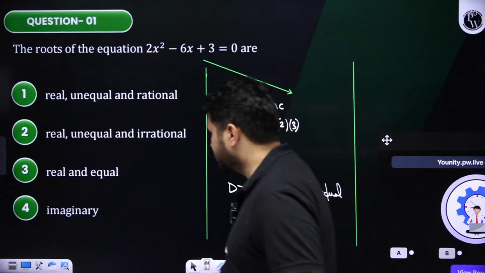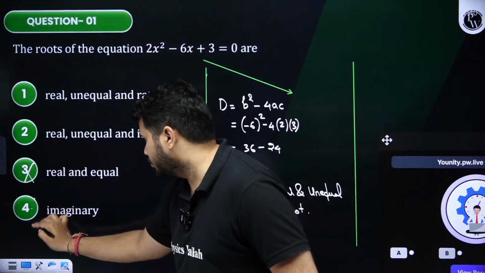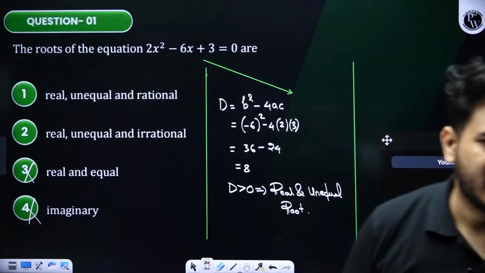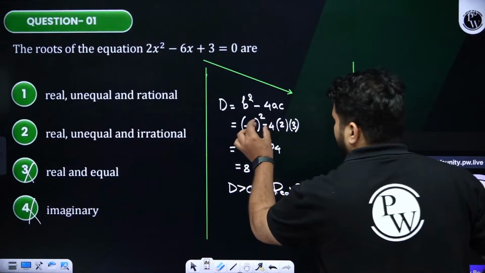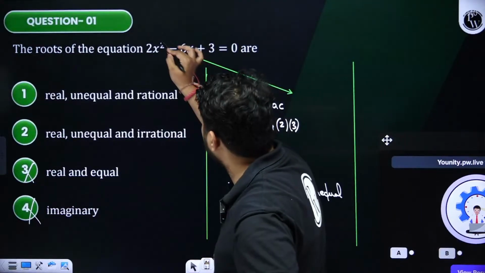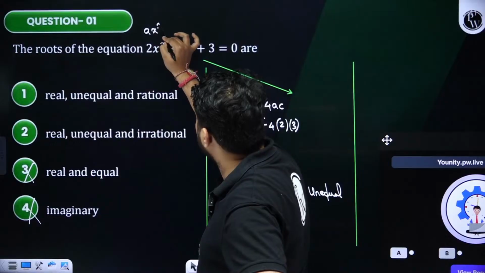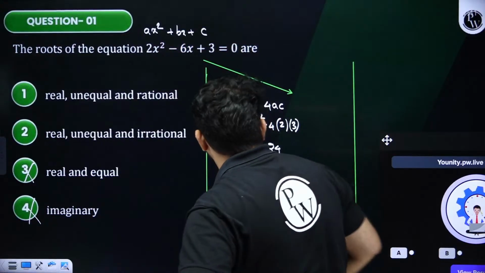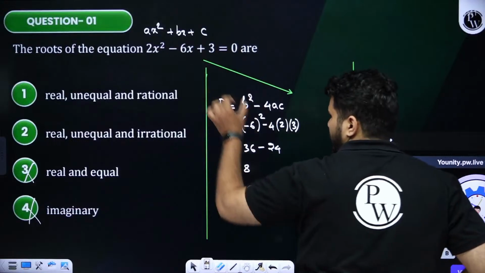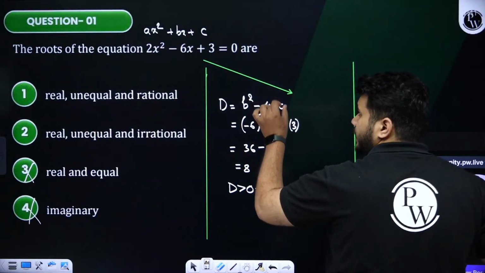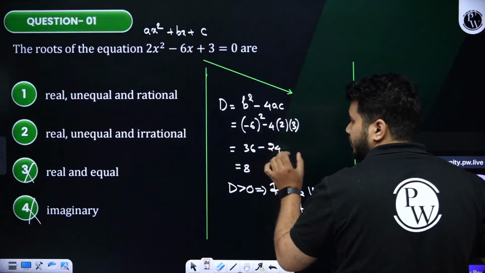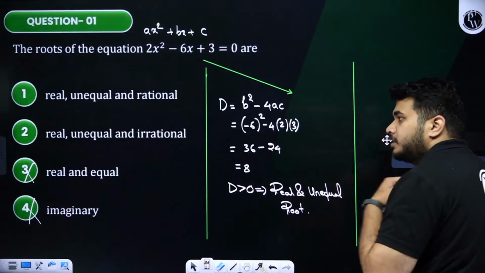So from here option 3 is not possible, option 4 is definitely not possible, either 1 or 2. How is C possible? Minus 6 whole square, this is your ax square plus bx plus c. Clear? So b value is minus 6, whole square, 4 times of a value is 2, c value is 3, 4 2s are 8, 8 3s are 24, 8 we are getting, greater than 0.